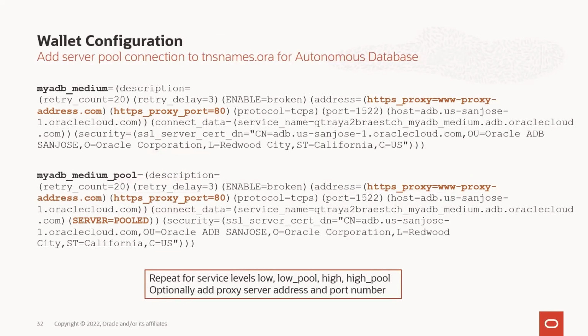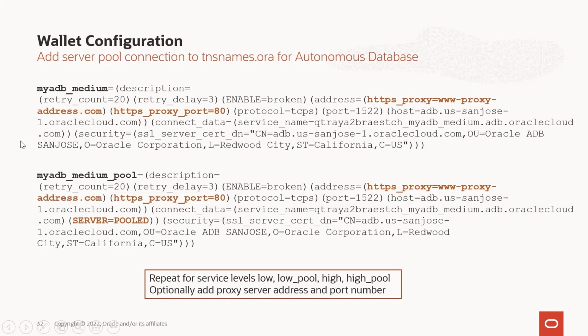Okay, so when you download the Autonomous Database wallet, this first entry is already going to be here. It's going to have the name of your database and then the service level, and it will have an entry like this for every service level: low, medium, and high. What you'll need to do is add the pooled connection.